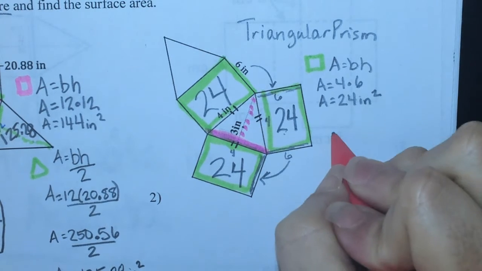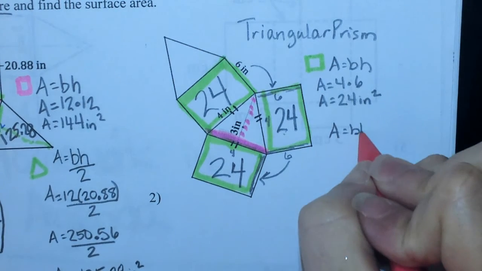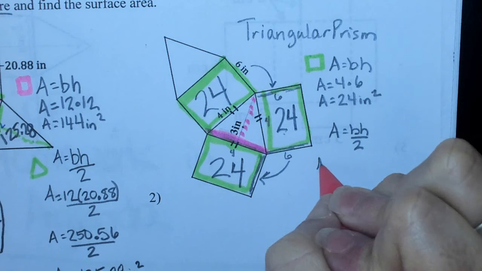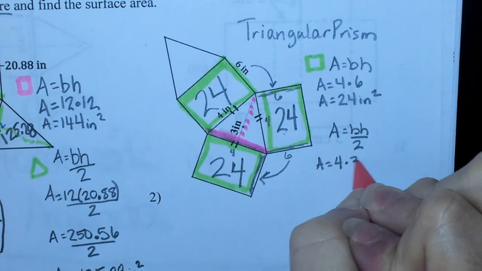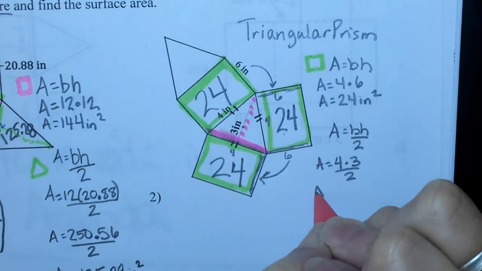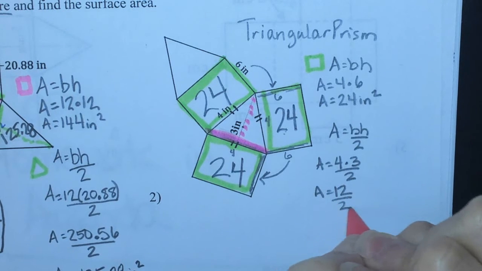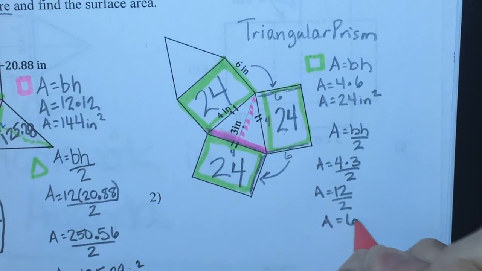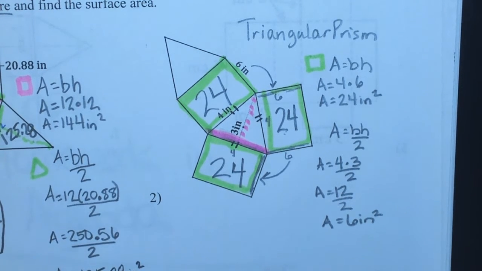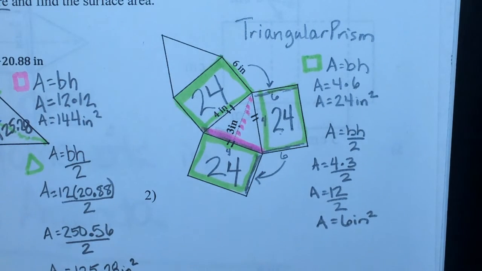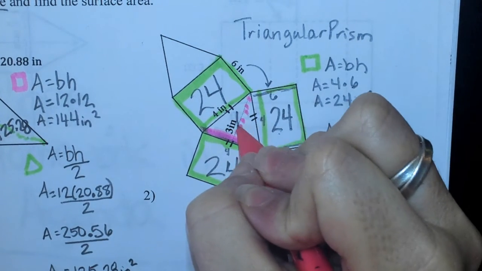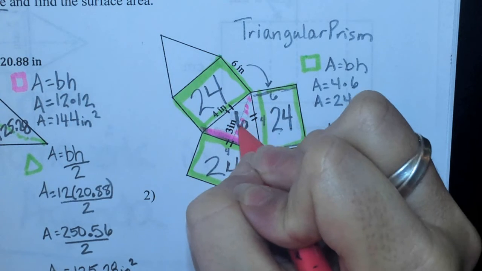Divided by 2. Base times height, divided by 2. 4 times 3, divided by 2. 12 divided by 2. 6. Okay. So what I've gotten out of that is this triangle is 6.